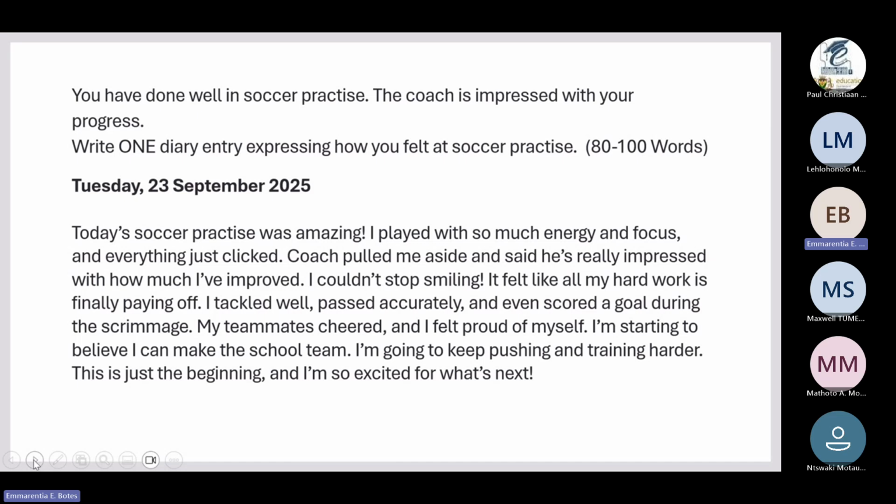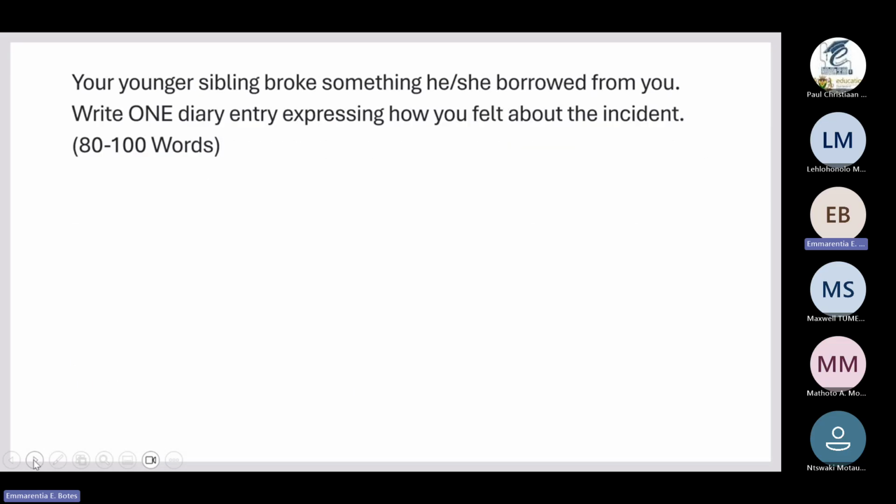My teammates cheered, and I felt proud of myself. I'm starting to believe I can make the school team. I'm going to keep pushing and training harder. This is just the beginning, and I'm so excited for what's next. So here we can see it's focused writing, and it sticks to the topic. Also remember, only one paragraph because it's one entry.